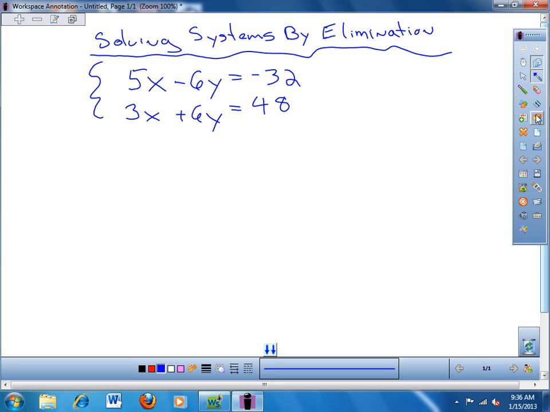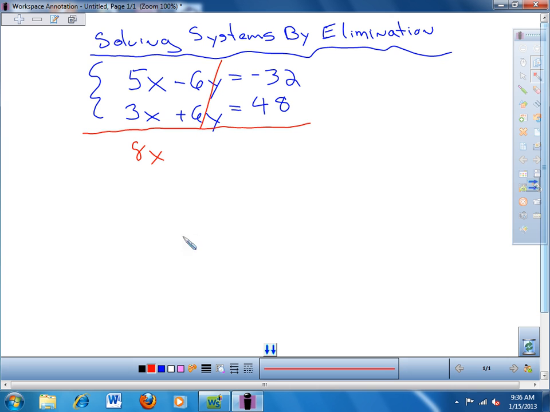If you see something like that, a very easy way to solve this system is by adding these two equations together. You add the entire equation to the other equation. What's 5x plus 3x? 8x. And then you add the y's. What's minus 6y plus 6y? 0y.